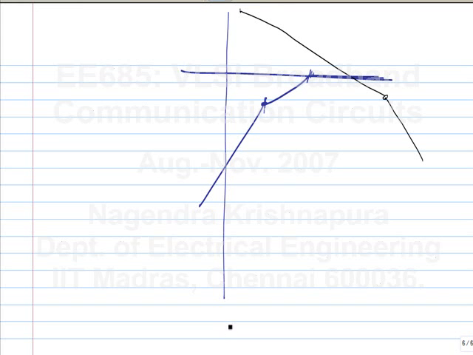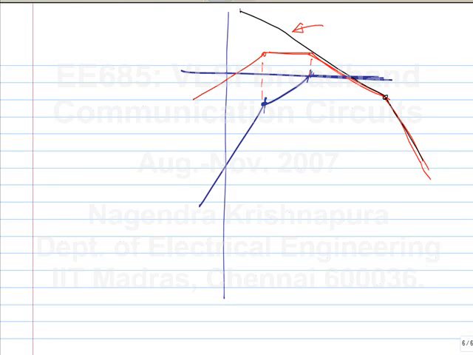Okay. So the net transfer function will be, here the slope changes to, looks like this. So I simply add up the two curves on the log scale.